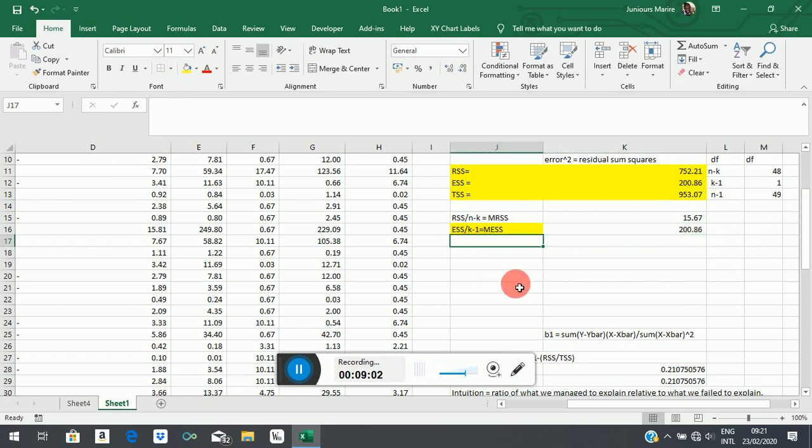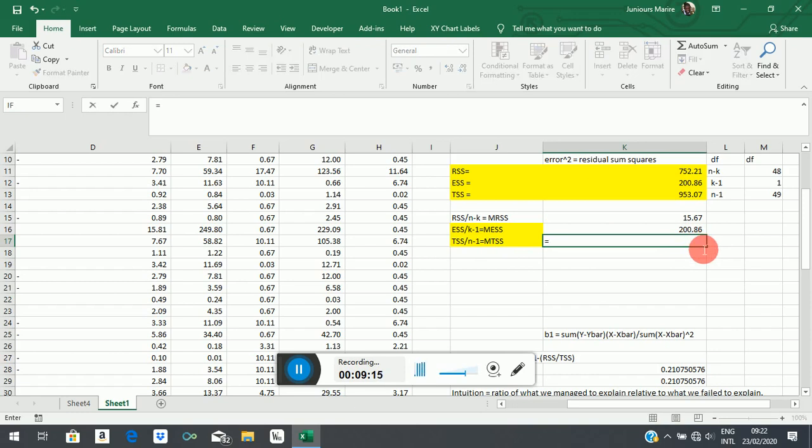Then your total sum of squares over n minus 1 is also called your mean total sum of squares, which is equal to that number there over 49, and you get that much.